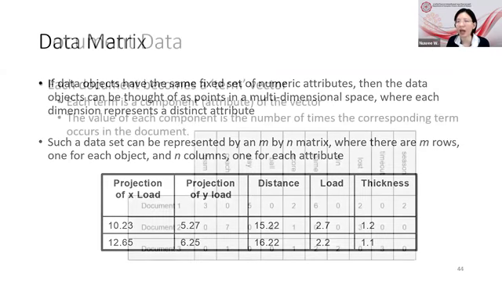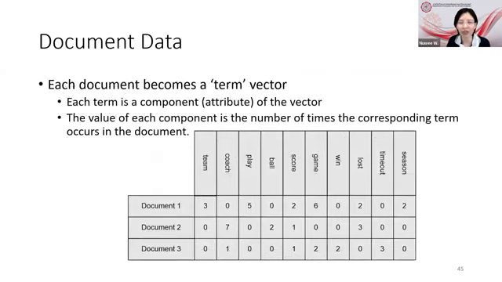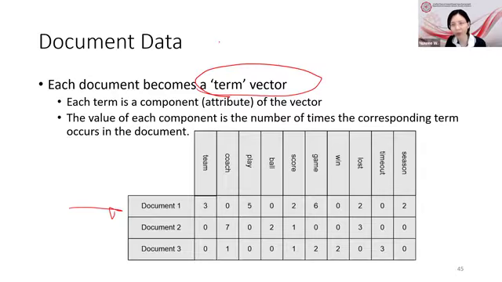Okay. Another form of record data is document data. So document data means one row is one document and one term is one column or one attribute. So you have one row as what is called a term vector in the vector space.